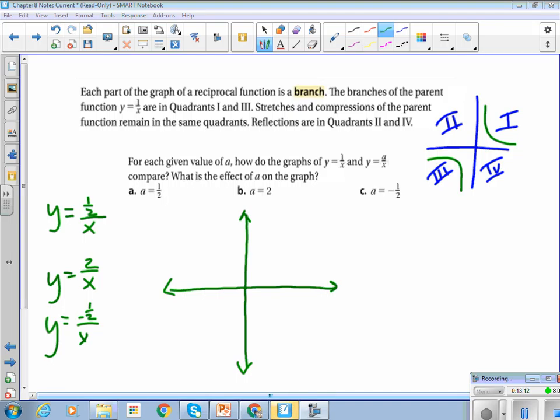Dividing by a fraction is the same as multiplying by the reciprocal. So this guy is really equal to 1/2 times 1 over x, or 1 over 2x. This guy is just equal to 2x. This guy is equal to negative 1/2 times 1 over x, or negative 1 over 2x. All right.